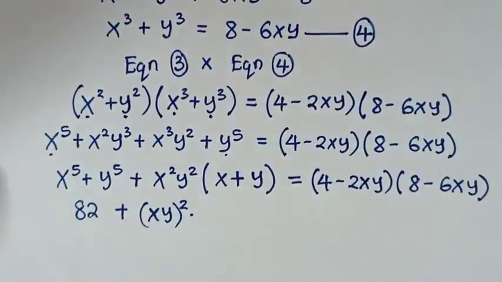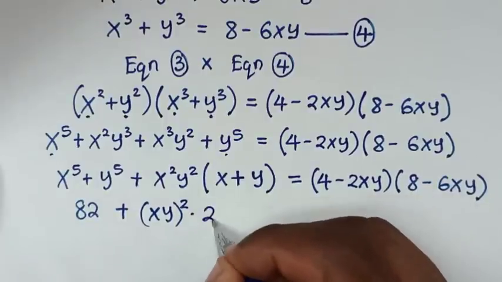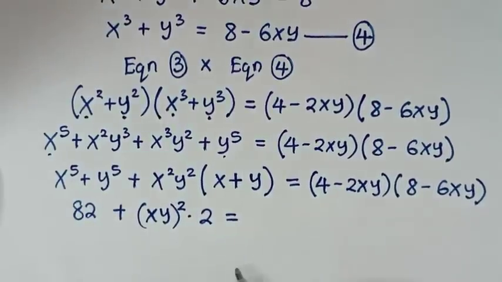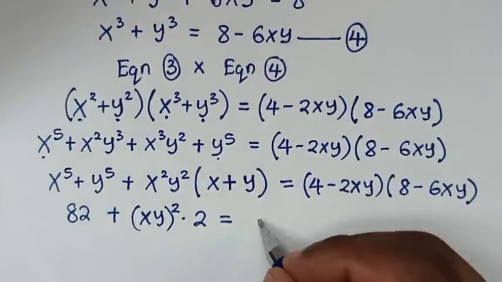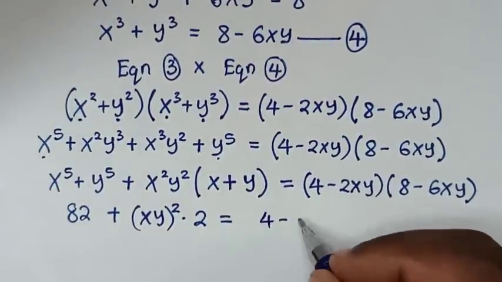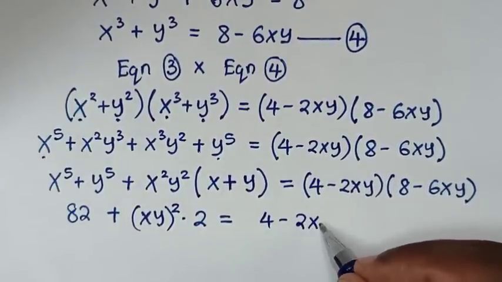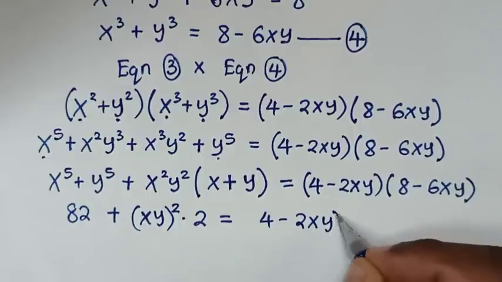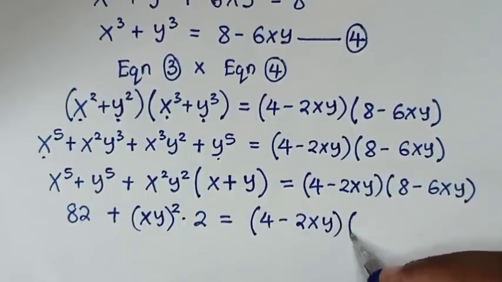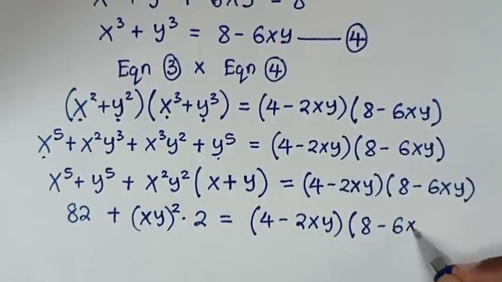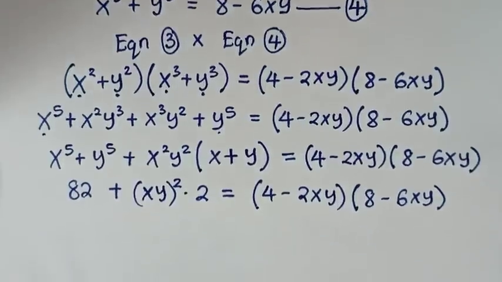So from x plus y we multiply by 2, is equal to, here we write the same, 4 minus 2xy, bracket, 8 minus 6xy, bracket.